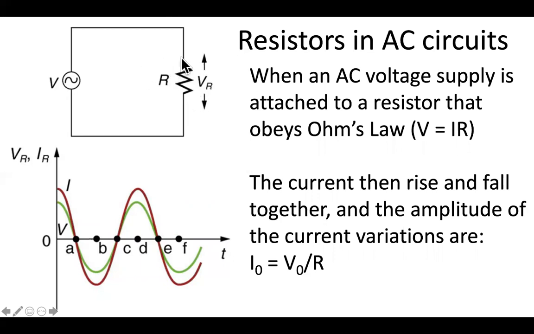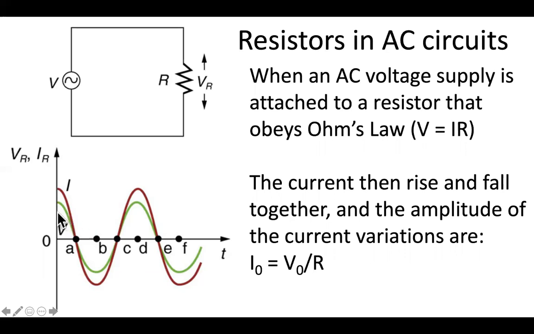Now, if we assume this resistor obeys Ohm's law, voltage is current times resistance, then what's nice is this is a pretty easy thing to calculate. The current and the voltage oscillate back and forth in sync with each other because at every given time, the voltage is the current times the resistance, or the current is the voltage over the resistance.